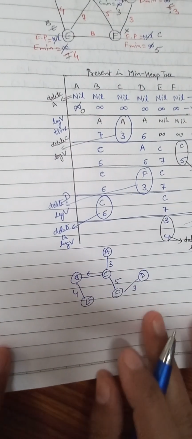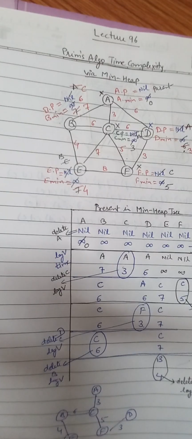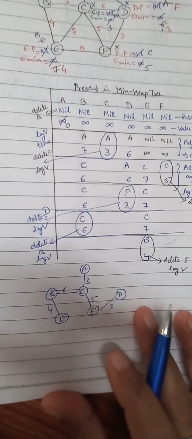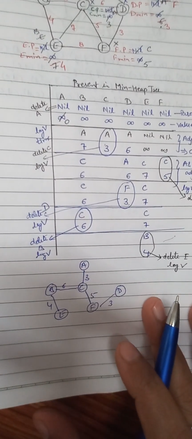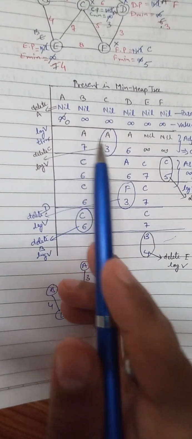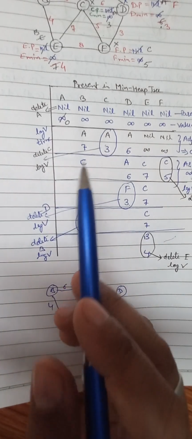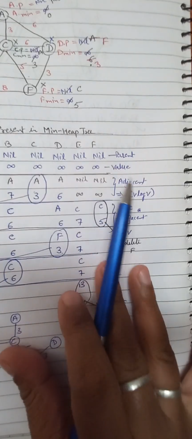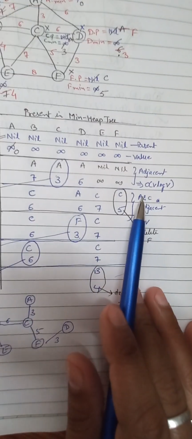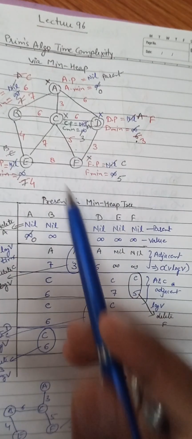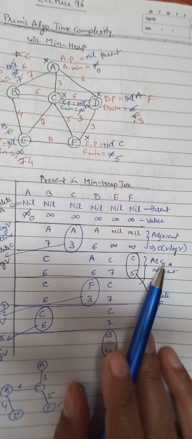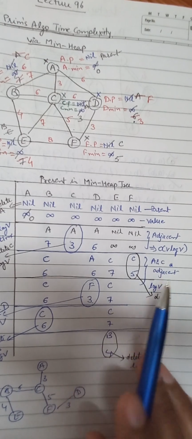So this is the final graph via Prim's algorithm using min heap. But the thing is that we are calculating time complexity here. As we are seeing, every time we are searching for minimum weight, it takes log V time, because according to how many vertices there are, we have to search. And for each and every vertex, we have to check its adjacent edges, and change the adjacent value if it is less, so we have to go through each and every vertex.